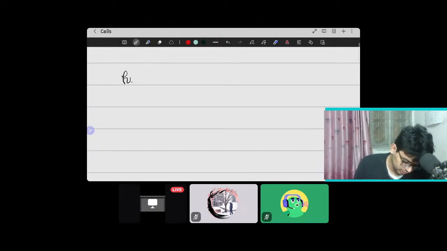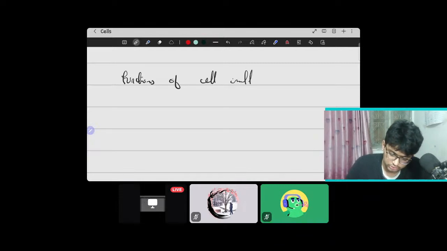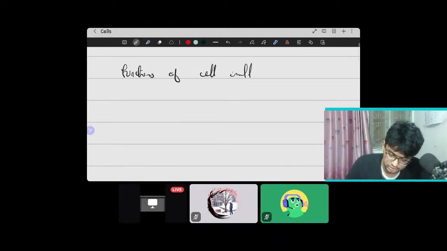So the functions of the cell wall are: mechanical strength and skeletal structural support.